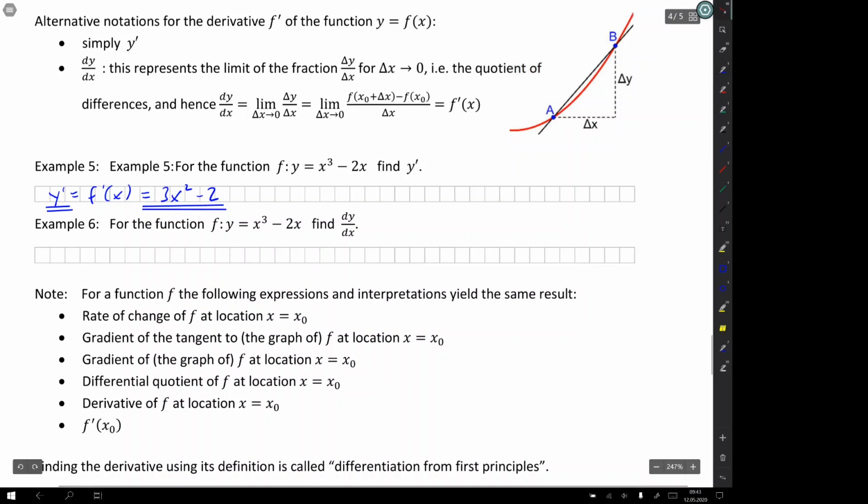We want to find dy by dx of this function here. So dy by dx is the same like f dash of x, which we calculated already. So 3x squared minus 2 again.